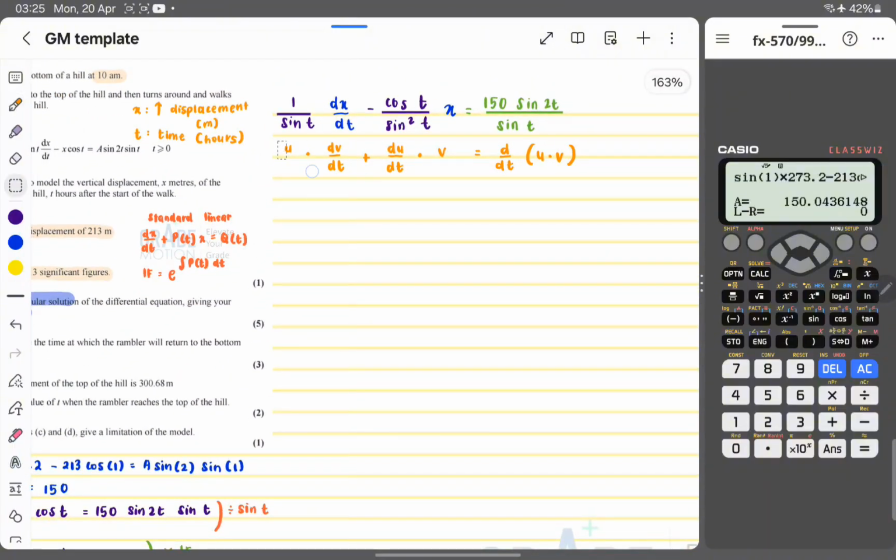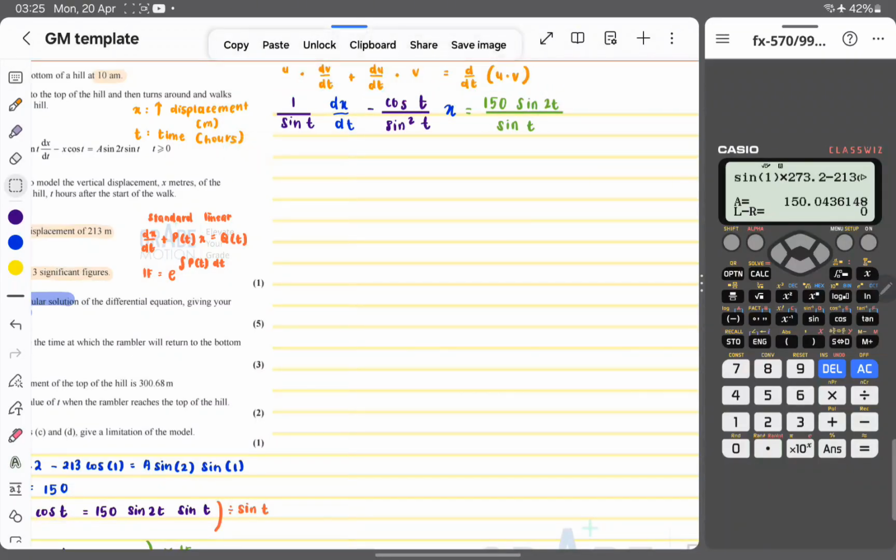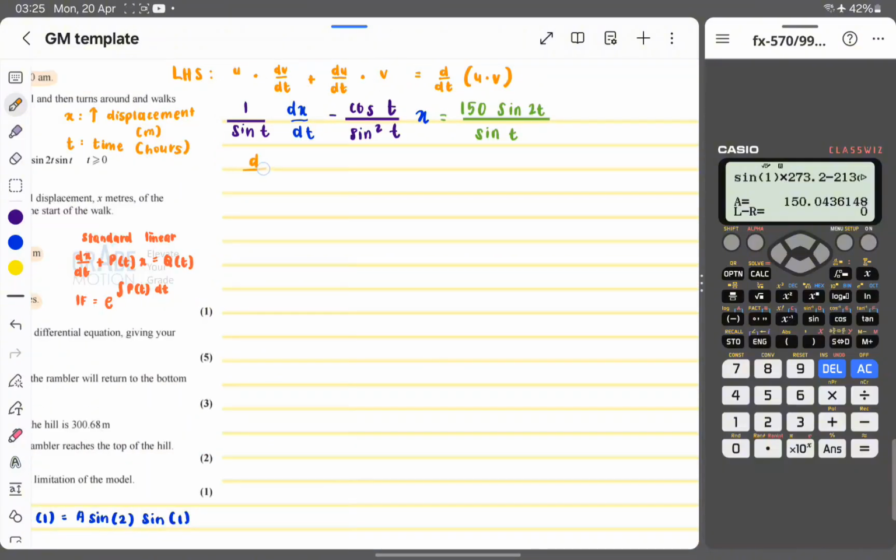Okay, so I'm going to put this at the top here. So this is what we have on our left hand side. The left hand side would be d/dt of u times v. What is our u? u is 1 over sin t multiplied by v. What is our v? Our v is x, equal to 150 sin 2t over sin t.